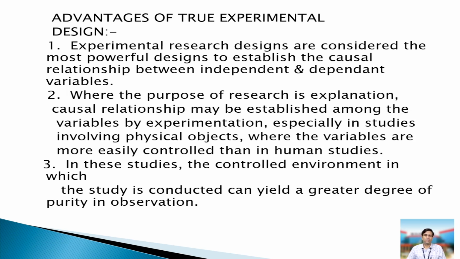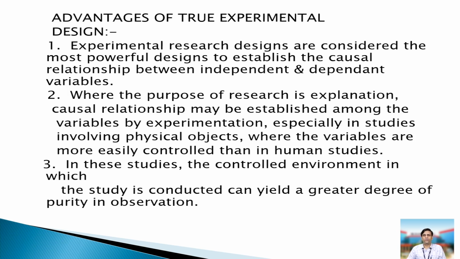And these designs are there to establish the causal relationship between independent and dependent variable, because here the researcher can truly say that the observed effect on the dependent variable is only due to the independent variable. There are no other external variables which might have affected the result of the dependent variable.